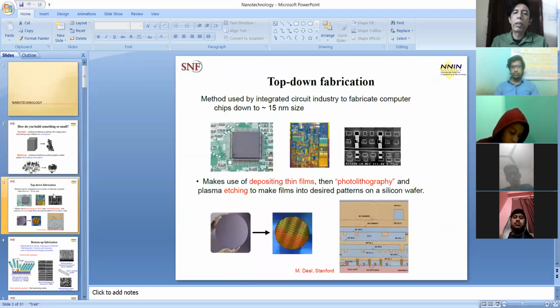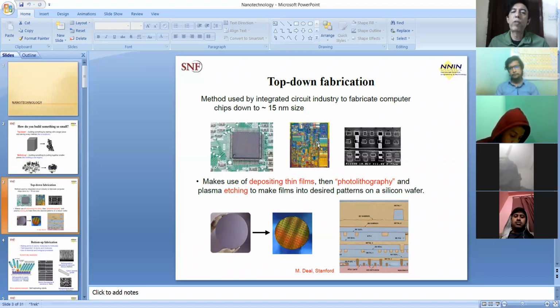Now, the top-down fabrication is actually used in circuits. In the circuit industry, you see this is a motherboard. In the circuit industry, the top-down method is used, and it is known as lithography.